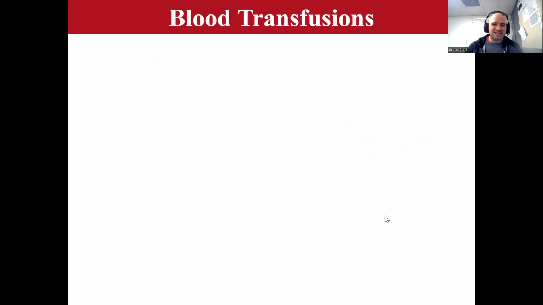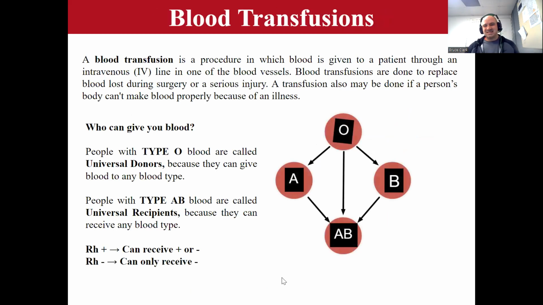A little bit more. This isn't going to be on any assessment we have, but since I have you and we're talking about blood types, this is useful. Maybe you'll give blood someday. Maybe you'll receive, hopefully not, a blood transfusion. That is where we give you somebody else's blood due to an injury or different cancer treatments. We have to be careful about whose blood we give you.